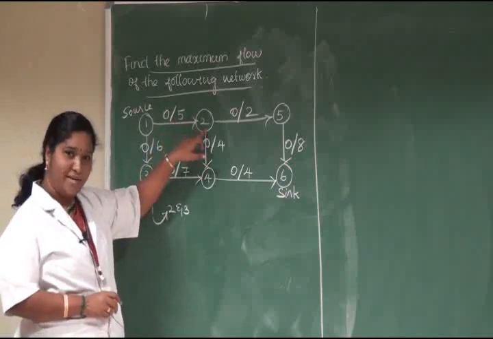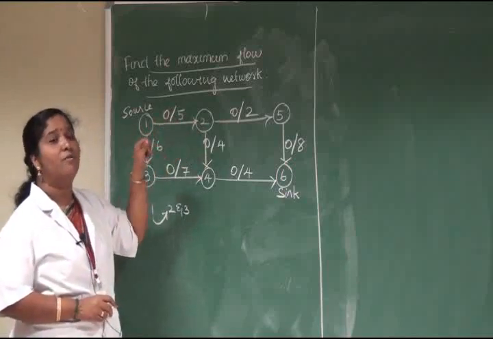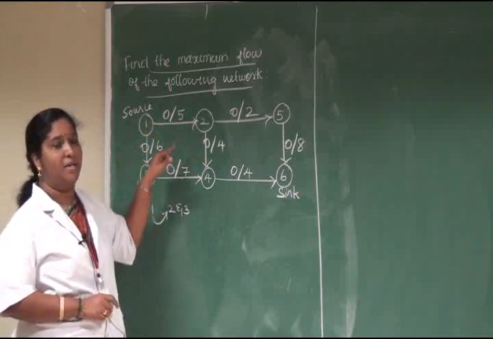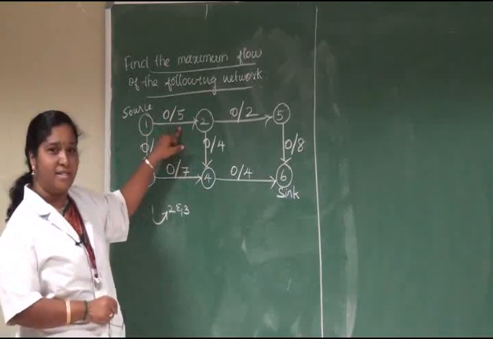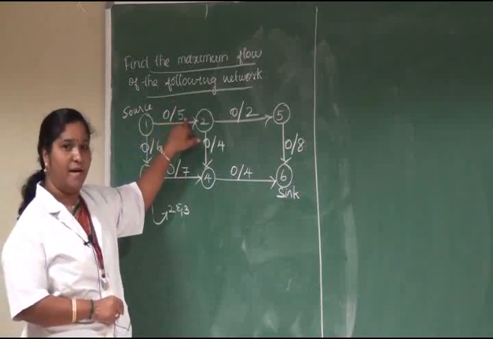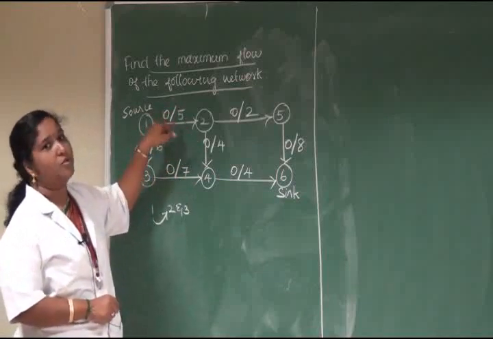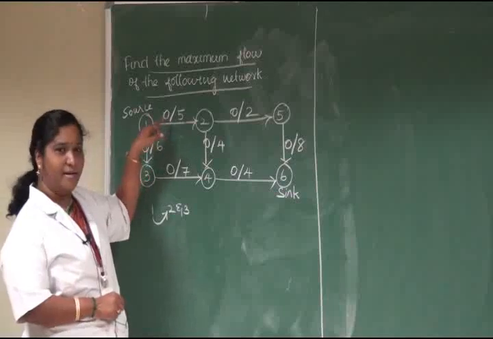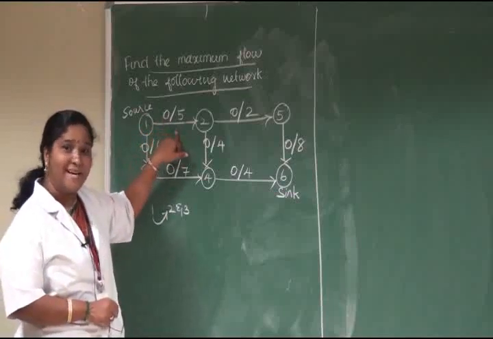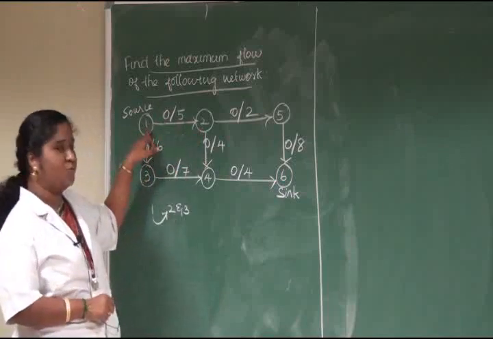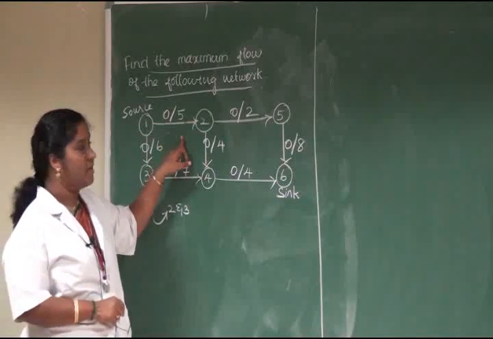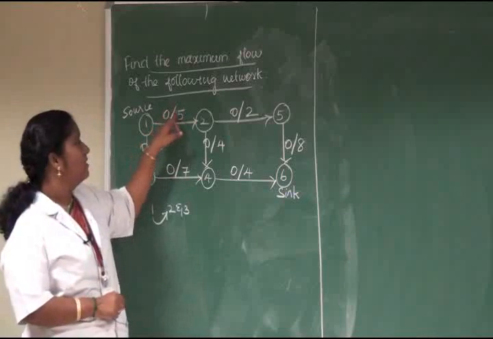Vertex 2 can be reached from vertex 1 through a forward edge if and only if the remaining capacity is greater than 0. Maximum capacity is 5, current flow is 0, so the remaining capacity is 5 minus 0, which is 5. Since 5 is greater than 0, we can reach vertex 2 from vertex 1 by a forward edge.